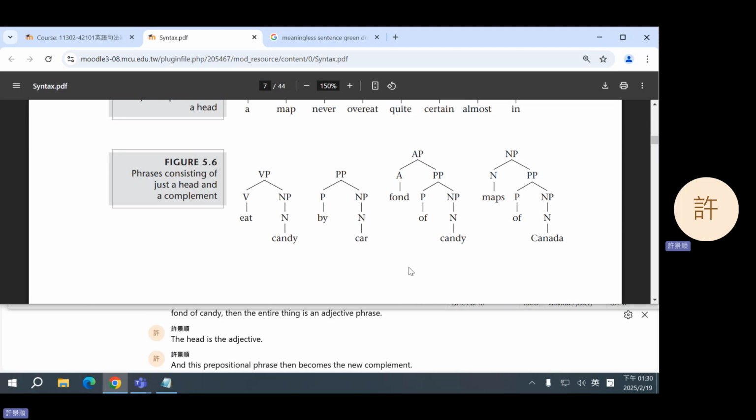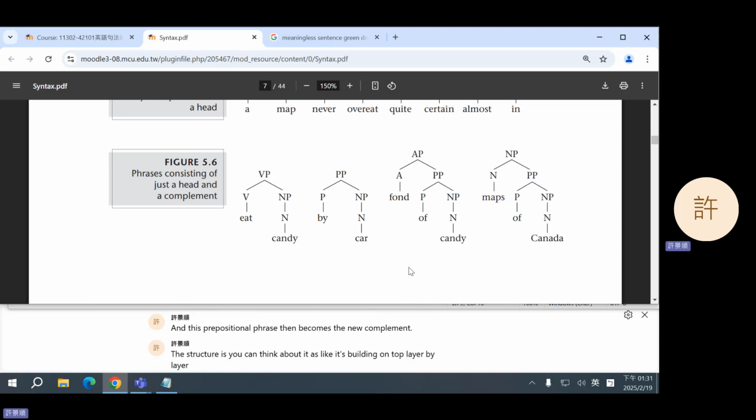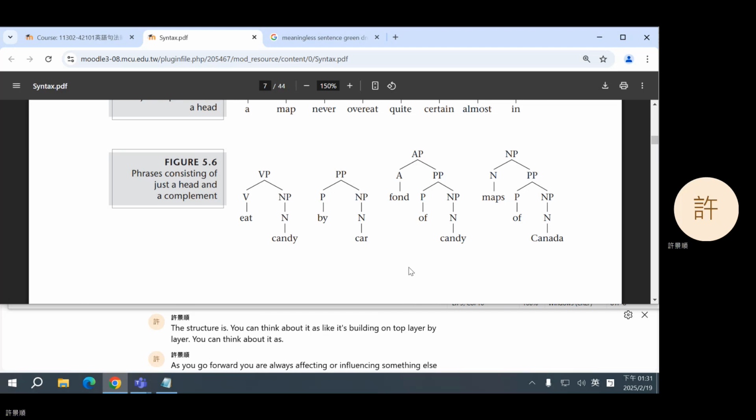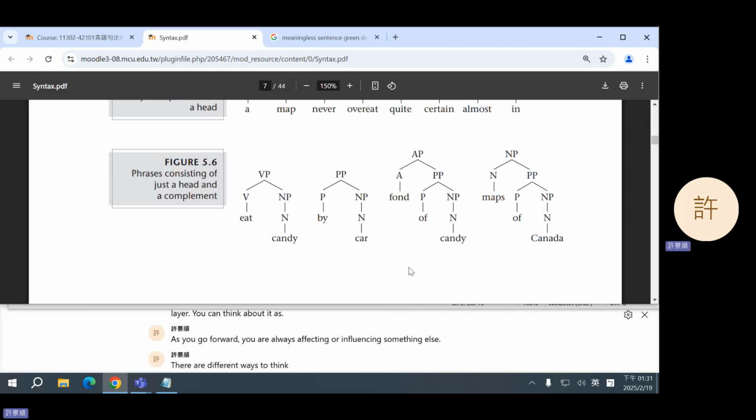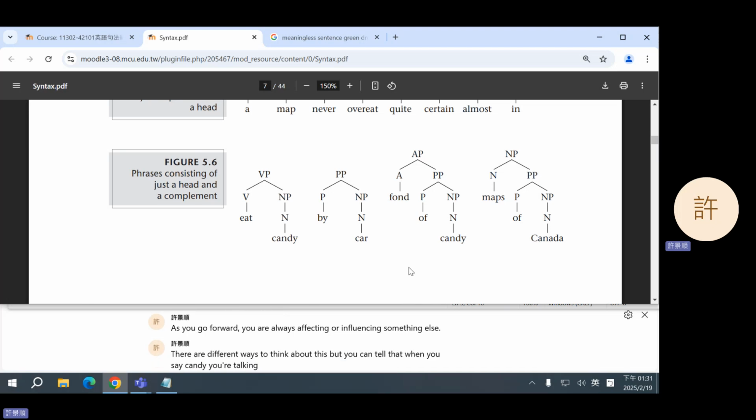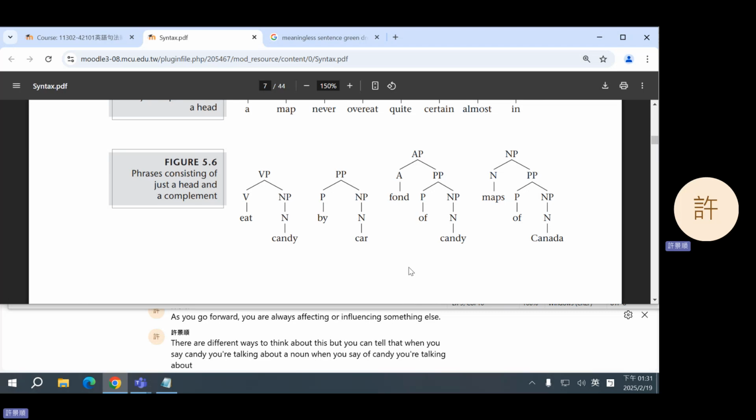The structure, you can think about it as building on top, layer by layer. As you go forward, you are always affecting or influencing something else. There are different ways to think about this, but you can tell that when you say candy, you're talking about a noun. When you say of candy, you're talking about a relationship. It's a preposition.